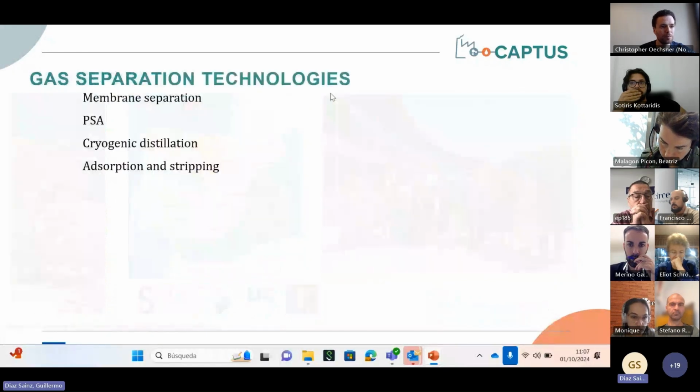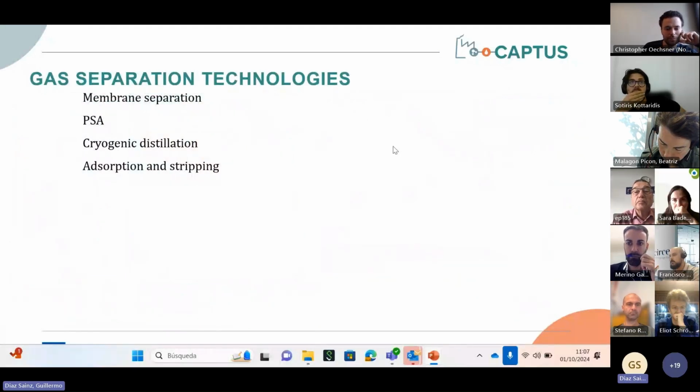So we will start with some general concepts about gas separation technologies and membrane processes. As you know, there are several technologies available for gas separation, including, for example, pressure swing adsorption, that later will be explained by our colleagues of SINTEF, cryogenic distillation, absorption, and stripping.